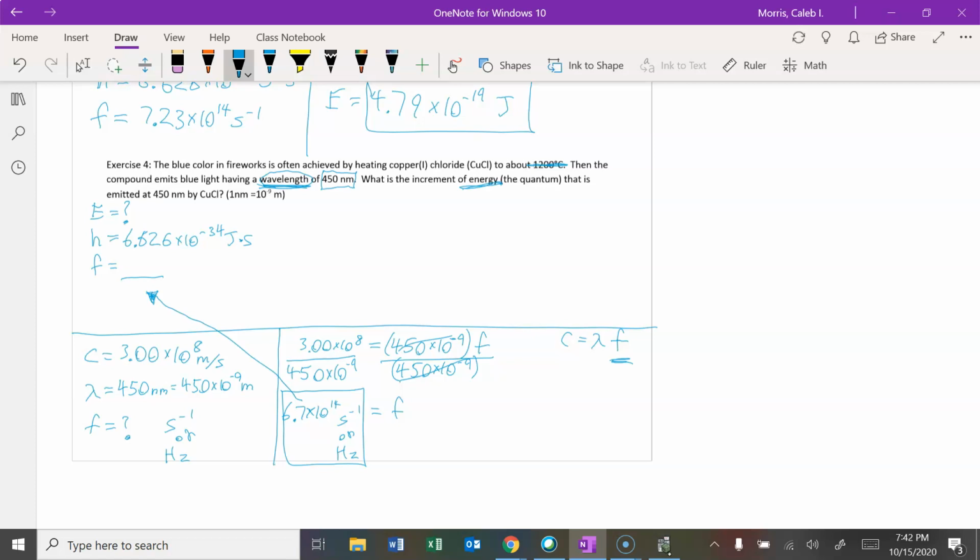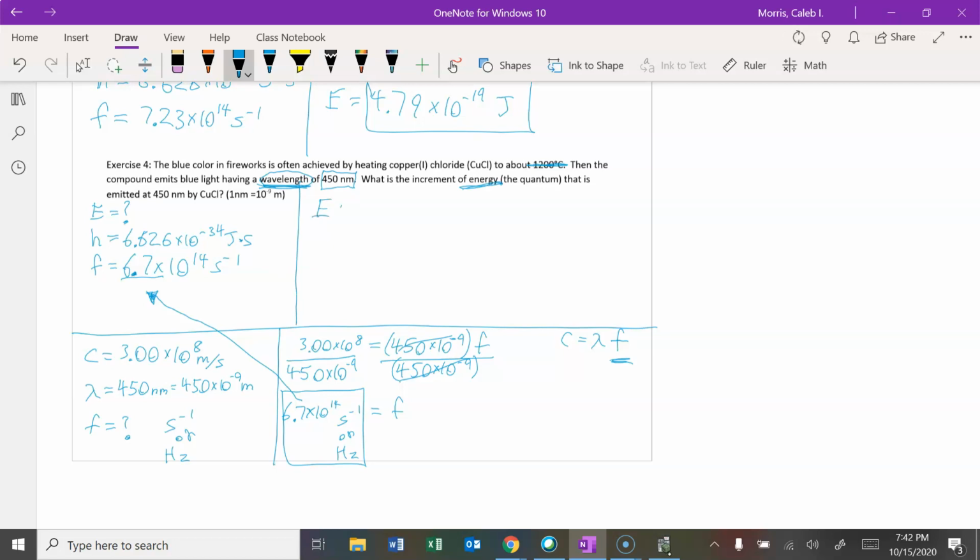Okay, so my frequency is 6.7 times 10 to the 14th. Now I want to solve for energy, and E equals h times f.